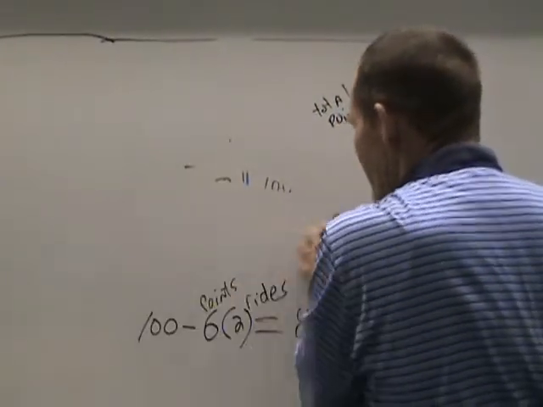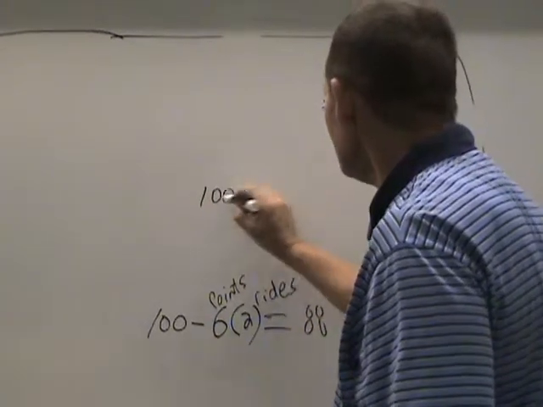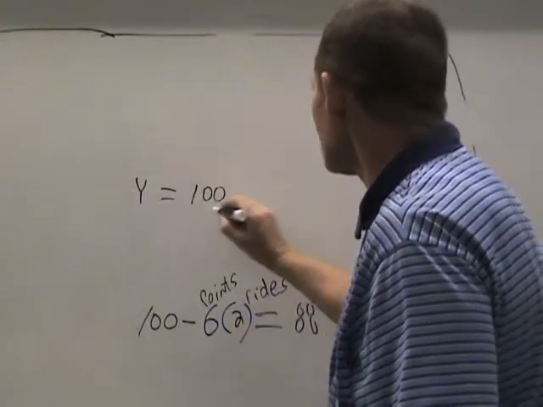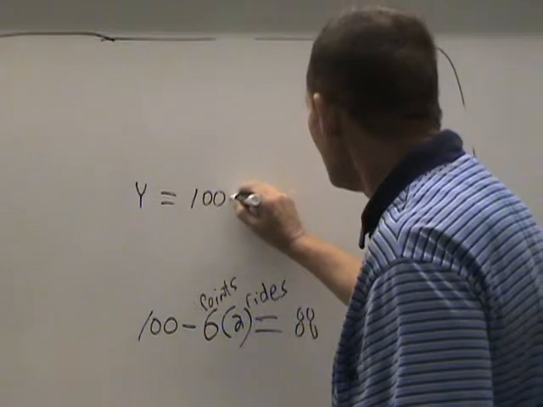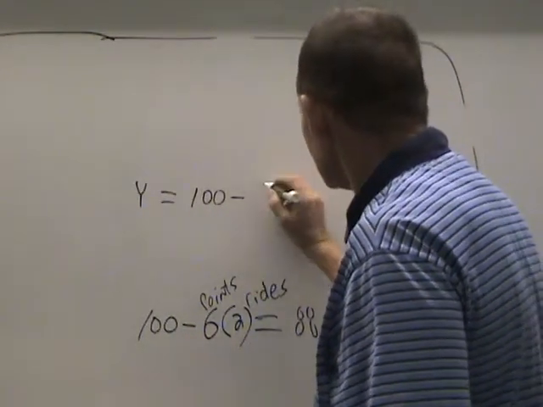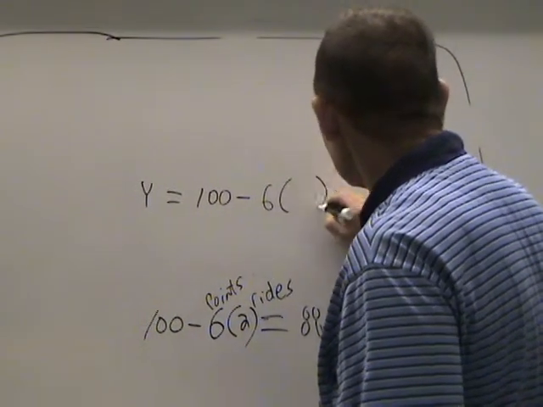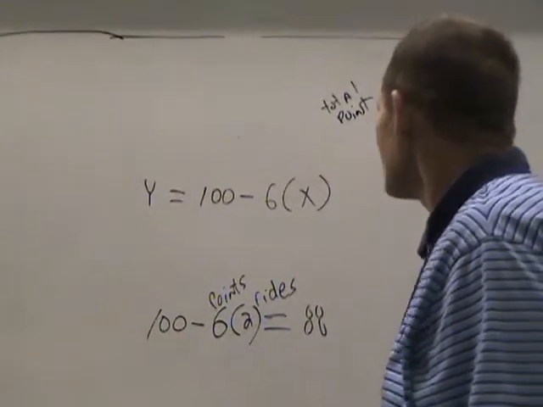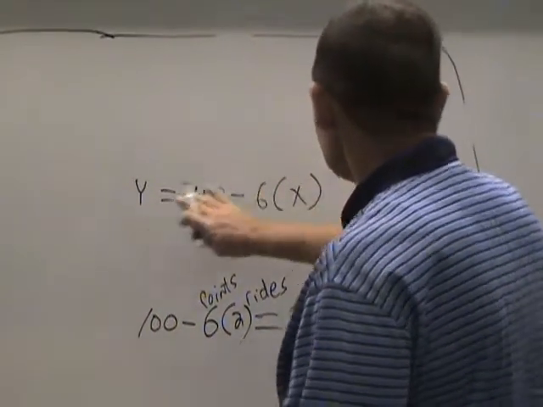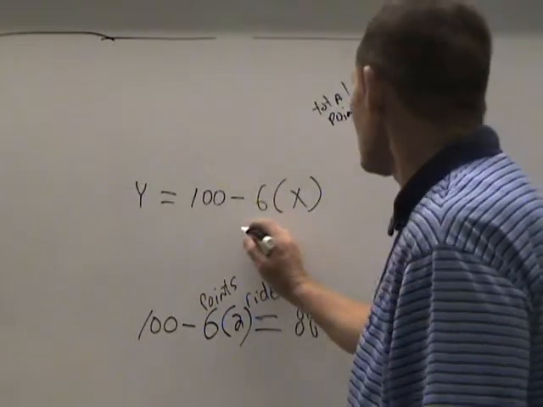Let's make a better, more official formula. It seems to be 100. It'll become like this: y equals 100 minus 6 points times x. And then after we do that, we can replace x and y with better words.